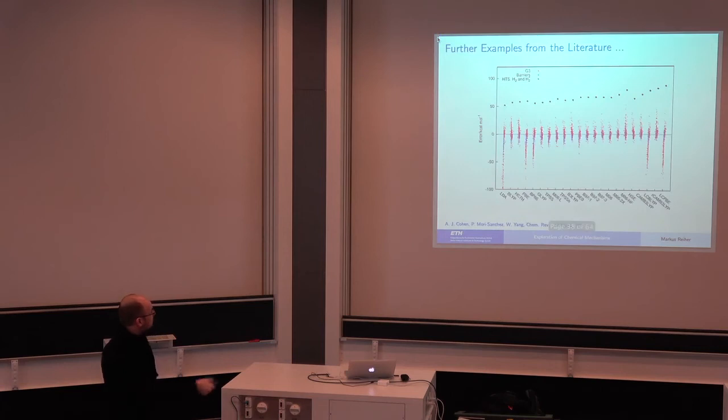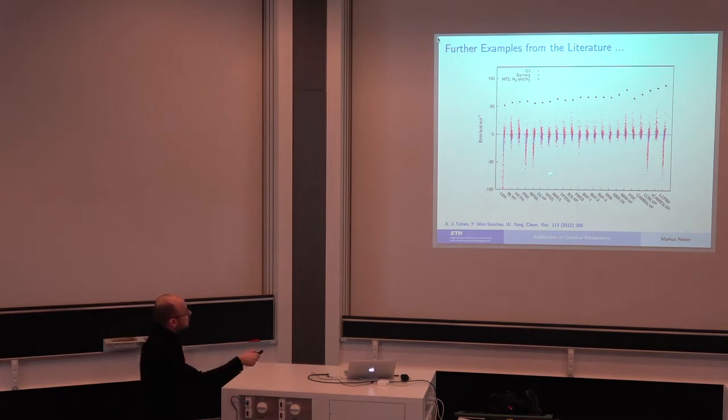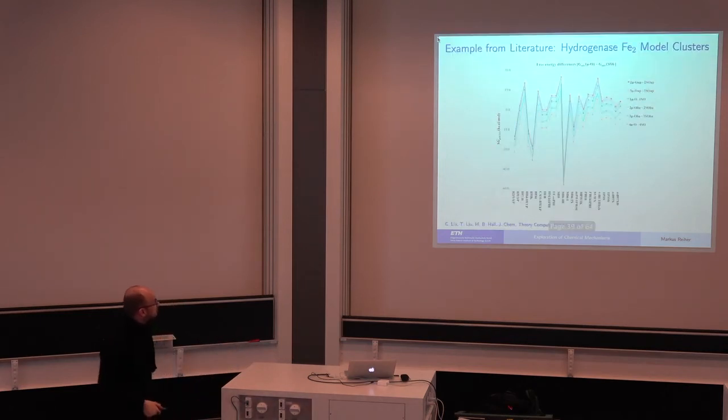When you look into this review by Cohen, Mori-Sanchez, and Yang, published in 2012 in Chemical Reviews, you see similar pictures here. Here you have the list of standard functionals, and plotted is the error. And you see the error bar is of the same size.